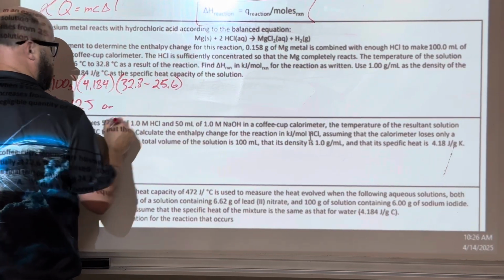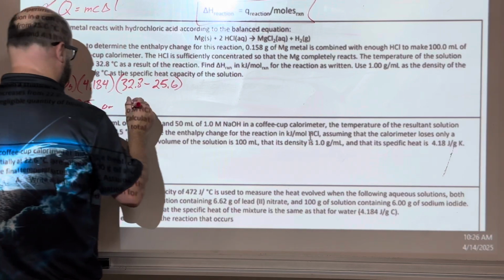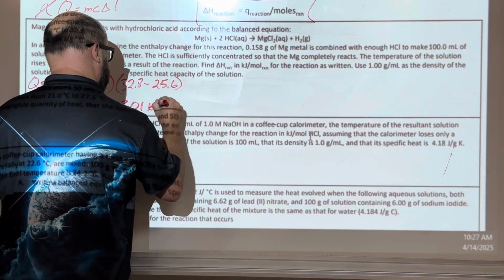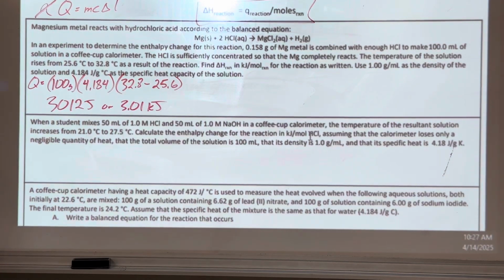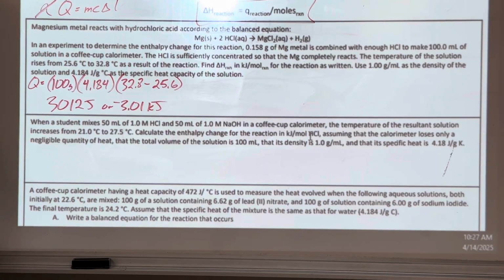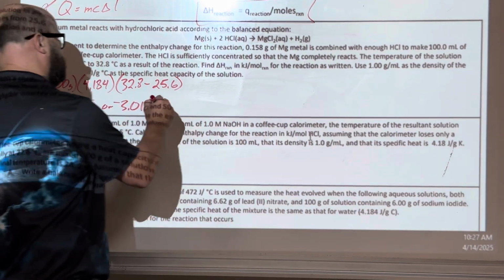Or, if we were putting that in kilojoules, we'd say 3.01 kilojoules. And that's negative because it's an exothermic reaction. Heat's produced. Remember, you have to think backwards on that. So that's the Q of the reaction.